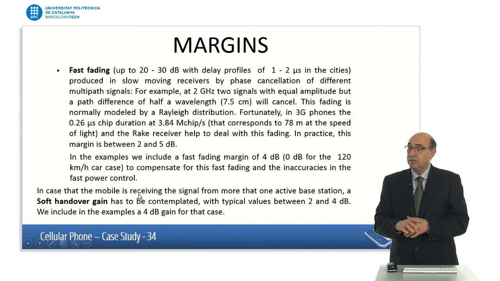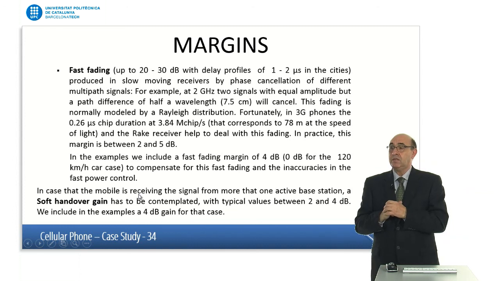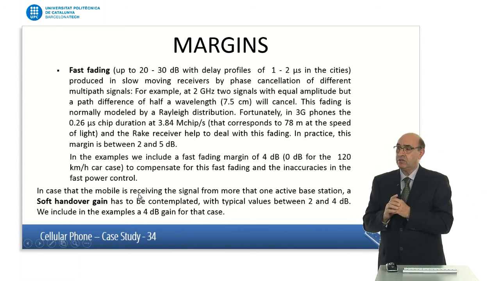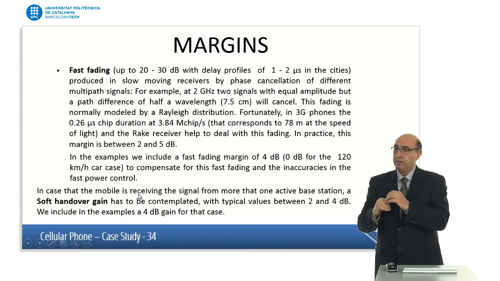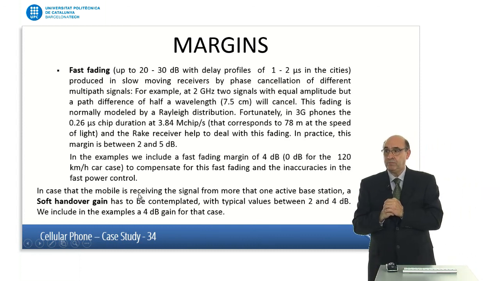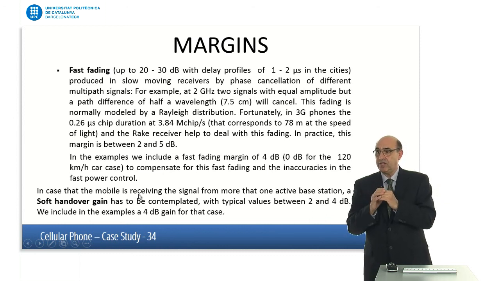But there's another fading which is very fast. It happens with very short delays and also with very deep fadings. It could go up to 20 dBs or more. And this is due to multipath propagation and phase cancellation.